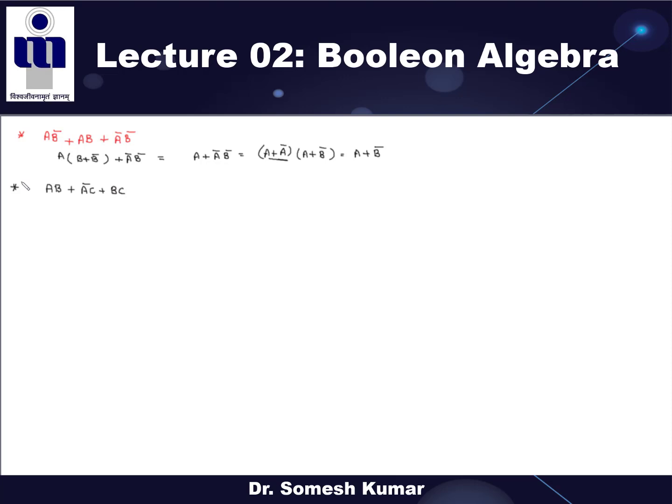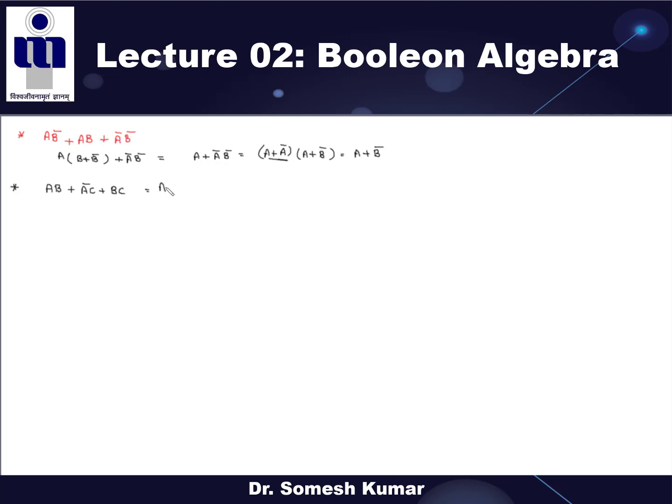Now tell me how to solve this example, and what is the final minimized function. If you take B common from here, then inside A plus B no reduction takes place.